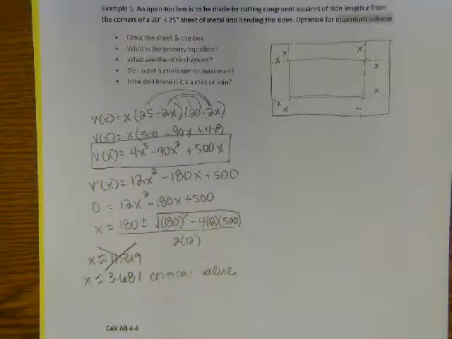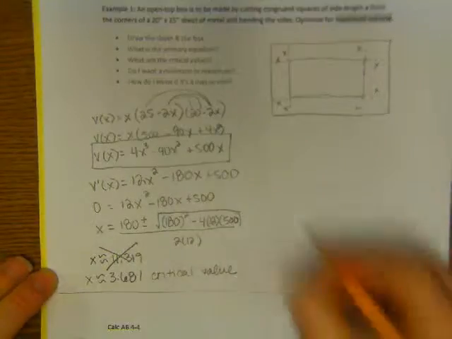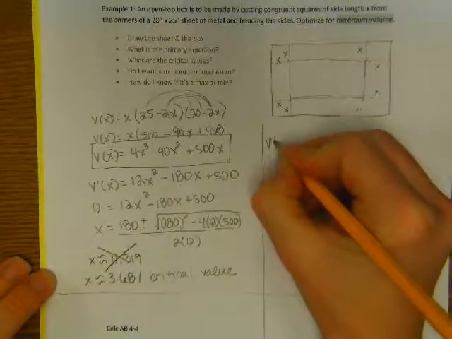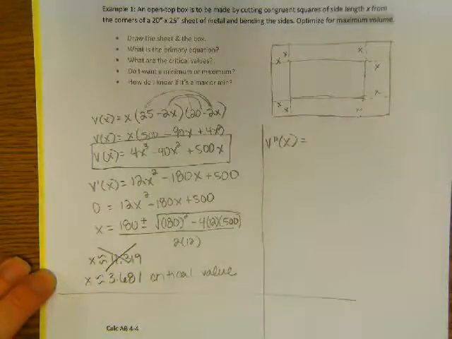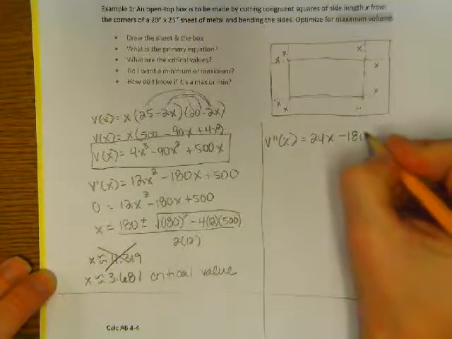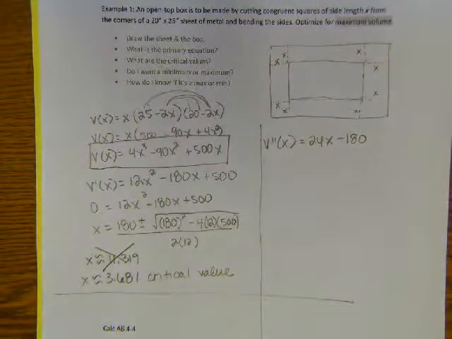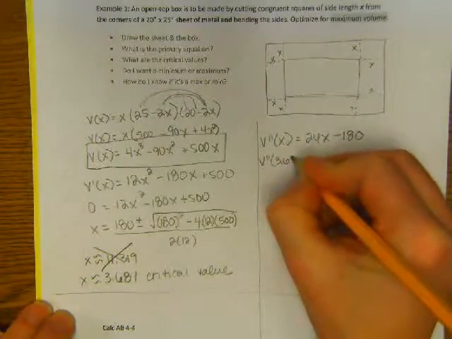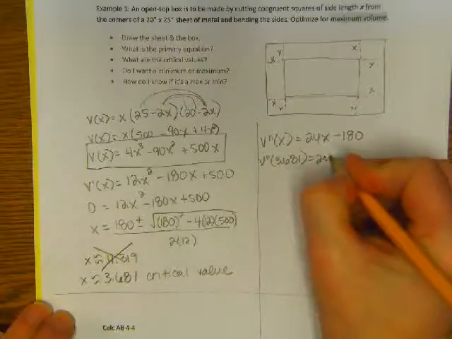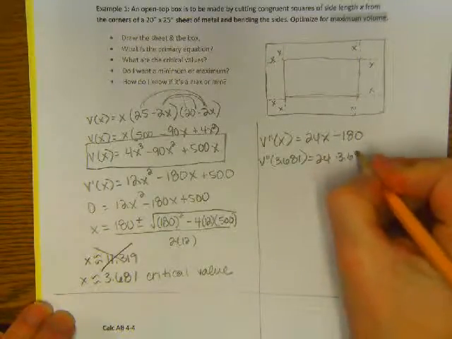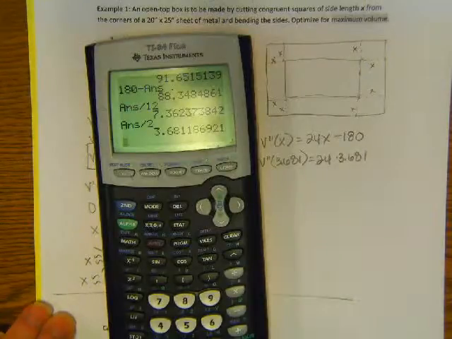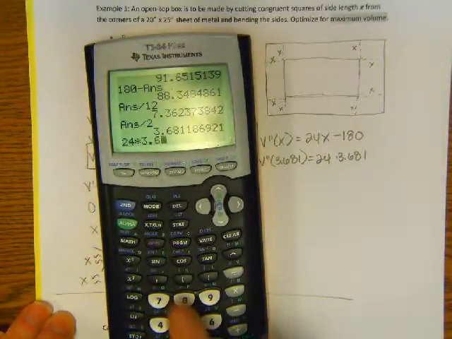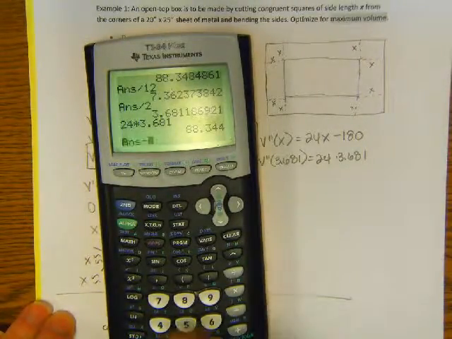So let's go. Double derivative. We get 24x minus 180, correct? The double derivative at 3.681 would be 24 times 3.681. Well, since I'm using my calculator, I might as well do that anyways. Minus 180, it's clearly a negative number, correct?